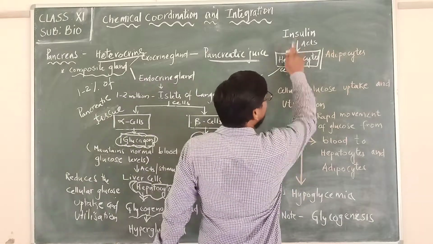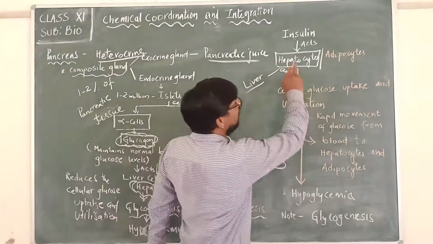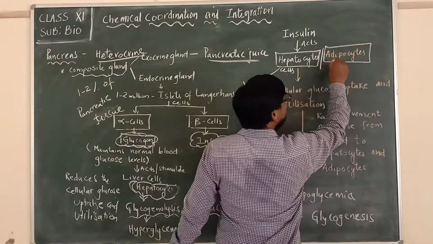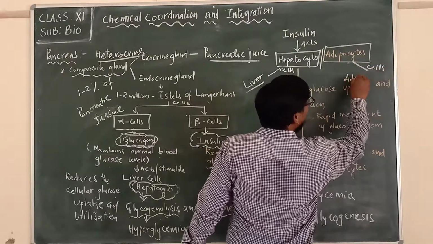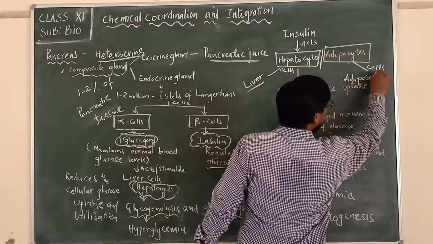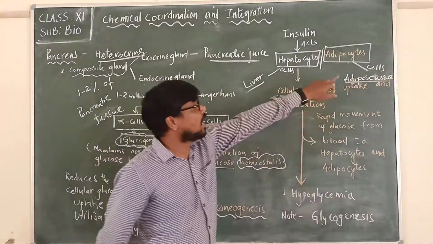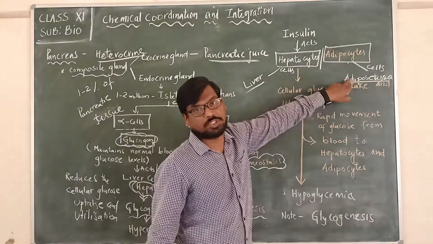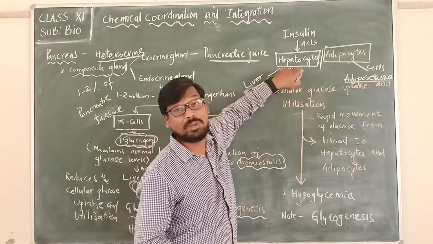Here insulin acts upon the hepatocytes, that is the liver cells, or insulin also acts upon what? The adipocytes. These are the cells that are present in the adipose tissue. Adipocytes are the cells present in the adipose tissue. Now on these two different types of cells, insulin will be acting.